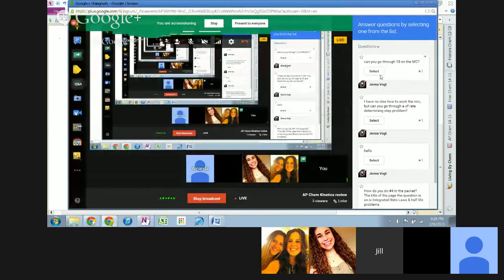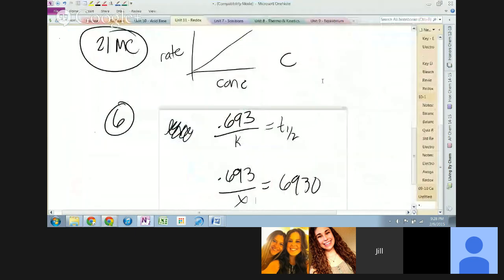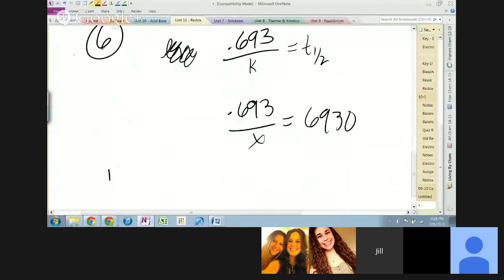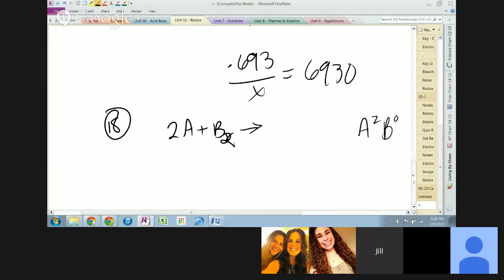Jenna said number 18 on the multiple choice. It says we have the reaction 2A plus B2, and the rate law is A to the second, B to the 0. Which of the following is likely the rate determining step?